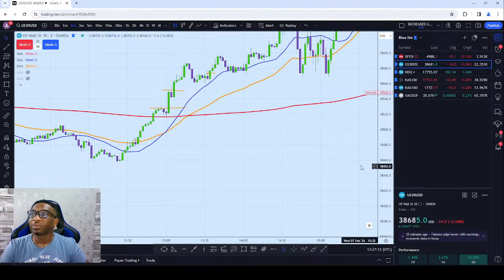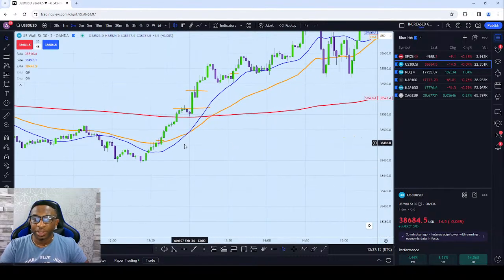So if we're talking about doing a test here before we take the trade, price is above the moving average. We need to identify the dominant color in the direction that we want to follow. Price crossed above the moving average, and it's here at the moment.